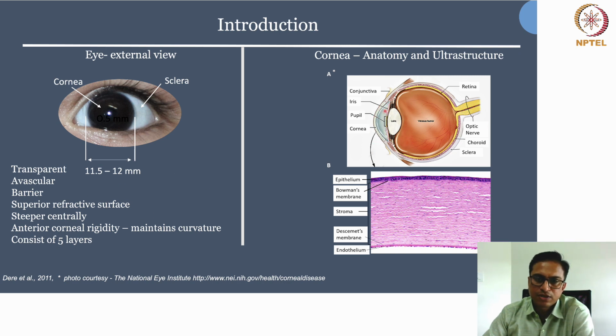And this is the cross section of the whole eye, where you can see clearly this is the cornea, this part. And if you do the histology of the cornea, a cross section of the cornea, then you can see the cornea consists of 5 different layers.